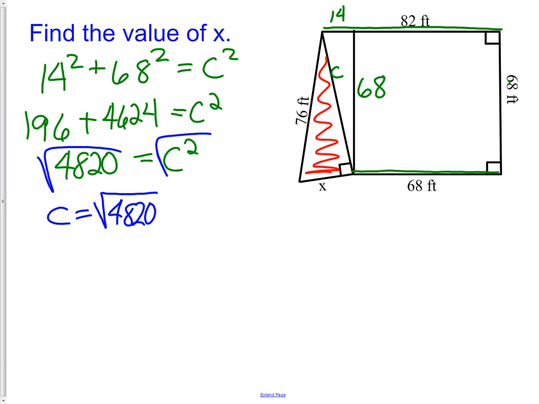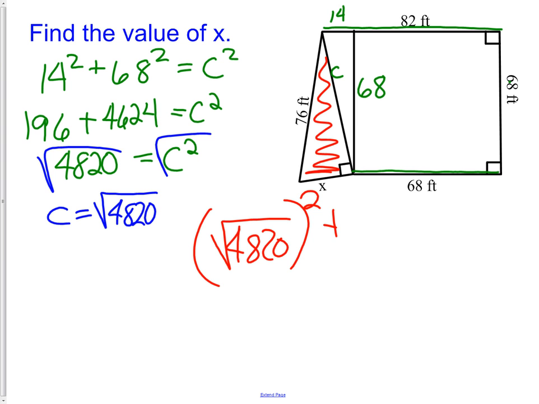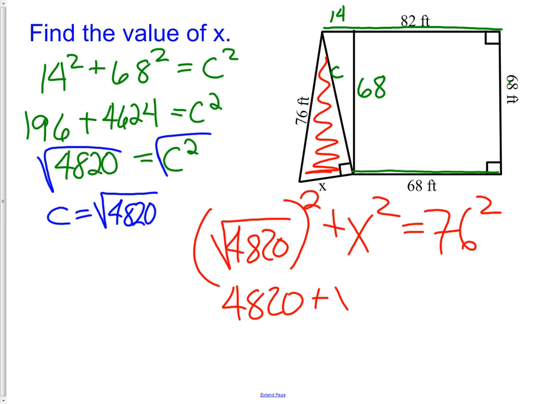We're going to use c squared, which is 4820, plus x squared equals 76 squared. When we square a square root, we're just left with 4820 plus x squared equals 76 squared.